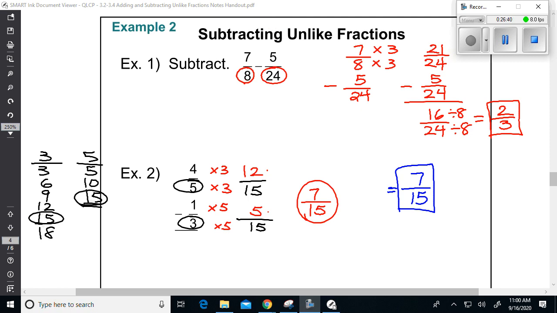Basically, when you have two fractions like that with different denominators, you need to immediately start finding multiples.